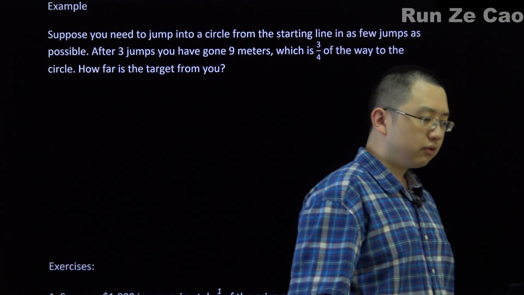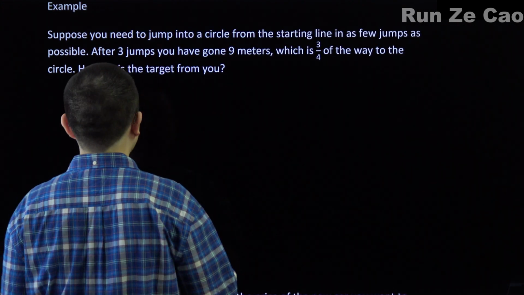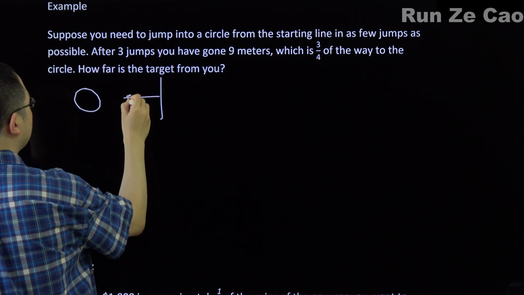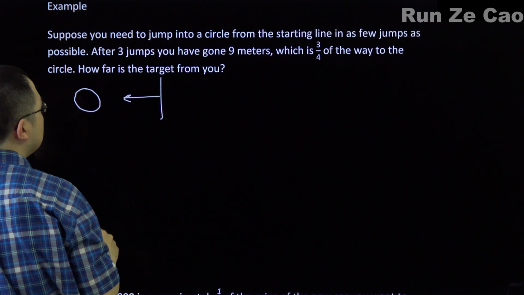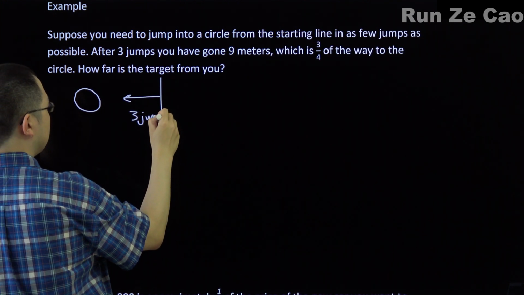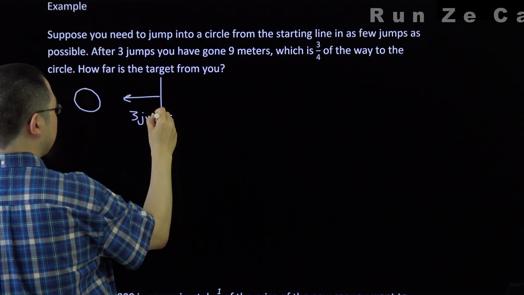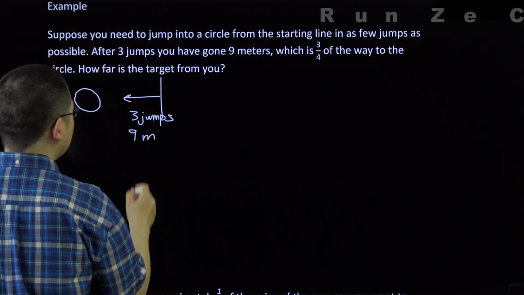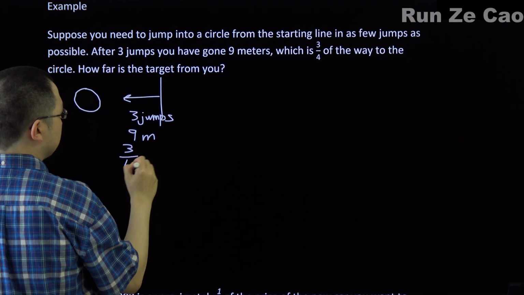Suppose you need to jump into a circle from the starting line in as few jumps as possible. And after 3 jumps, you have gone 9 meters. Three jumps, 9 meters. And this is 3/4 of the way.